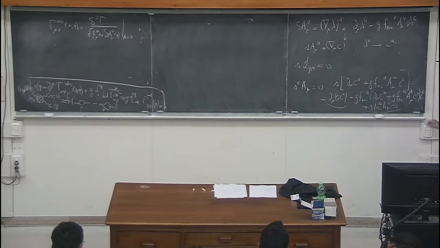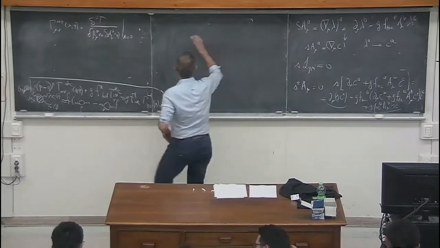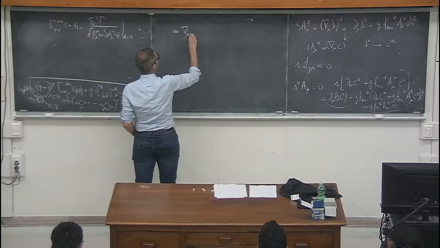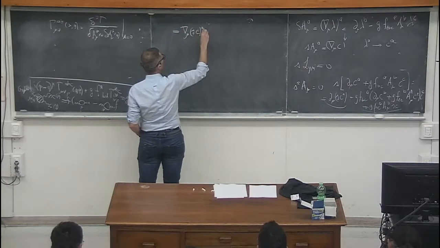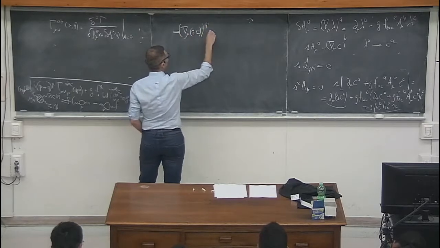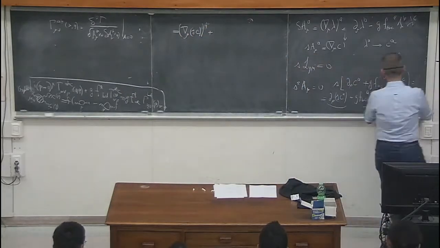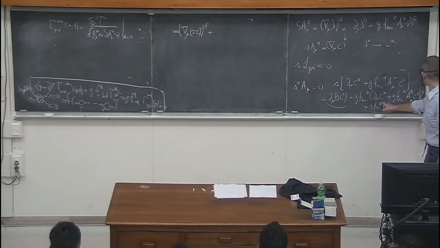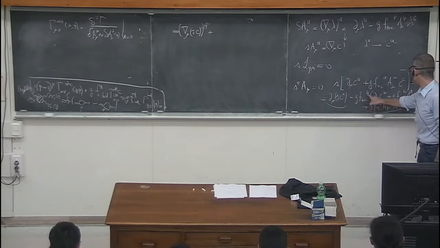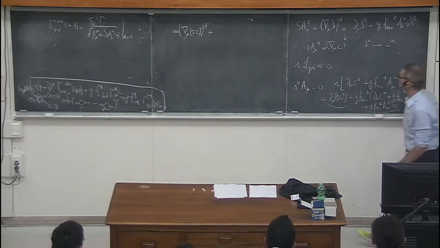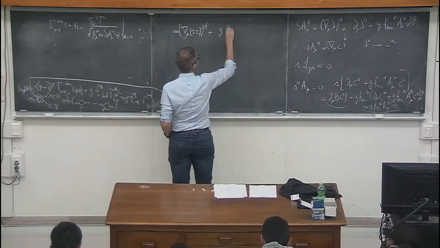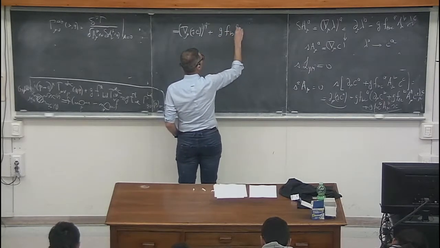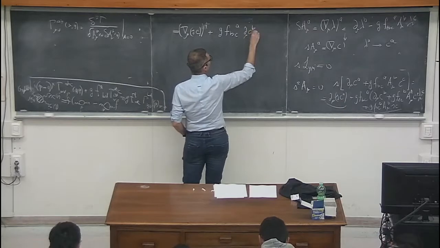Then I can rewrite this in this way. I have a covariant derivative of S of C^a, and here I still have these two pieces. You find out the following: these terms are g f^{bca} D_mu C^b C^c, so it's plus g f^{bca} A D_mu of C^b C^c.